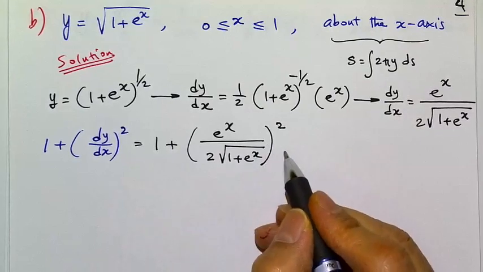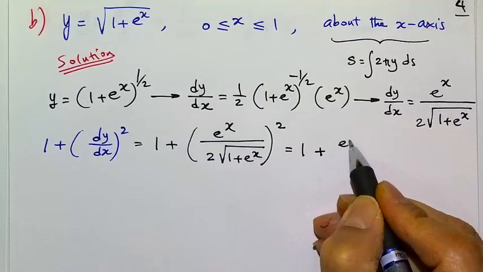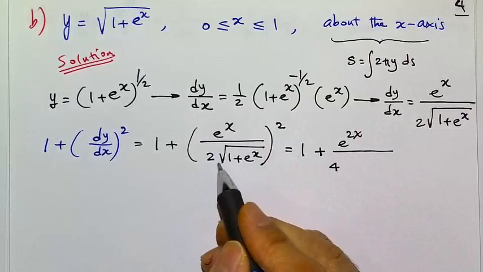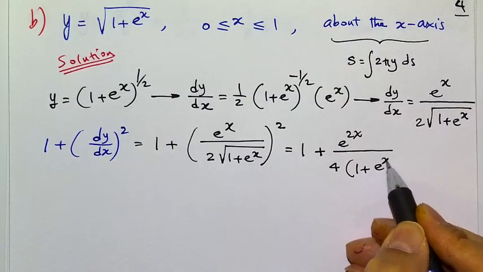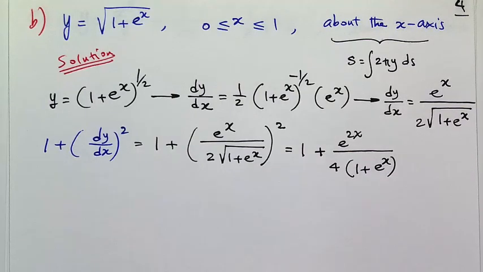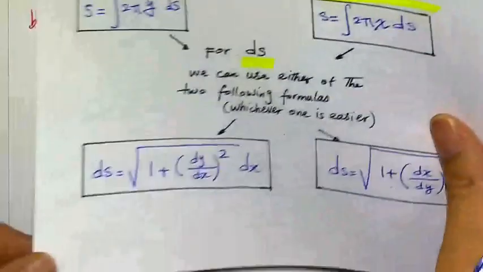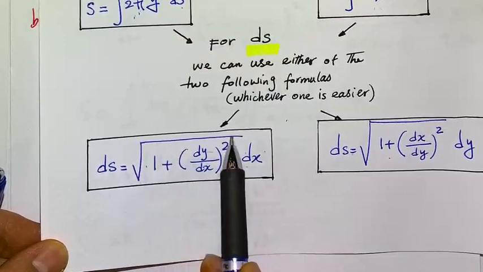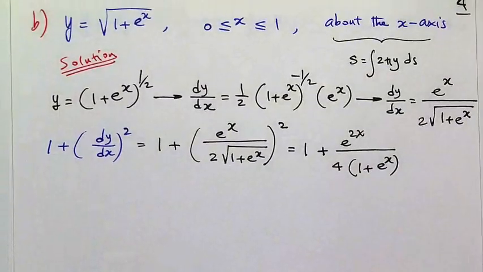And so we have 1 plus e to the 2x power divided by 4 times (1 plus e to the x). This power and this square root cancel each other out, so we have 1 plus e to the x. So we figured out all of this is the inside of this square root. Now we have to apply the square root to it as we plug it in for ds in our integral. We shouldn't forget that.